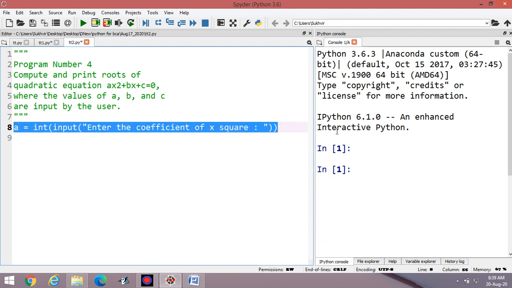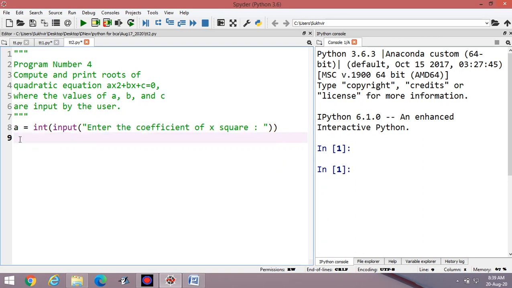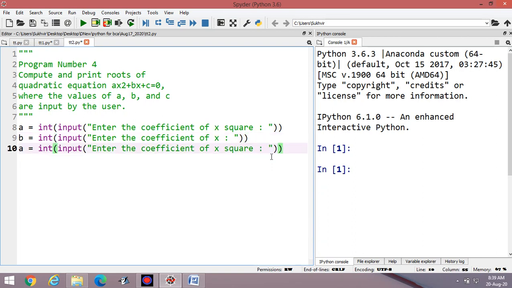Then what about the second requirement? You can enter here the coefficient of x. Then in the third, c is the constant. You can write here, enter the constant. These are the three requirements.